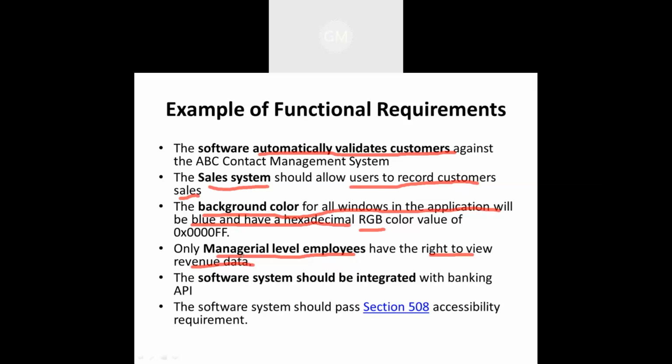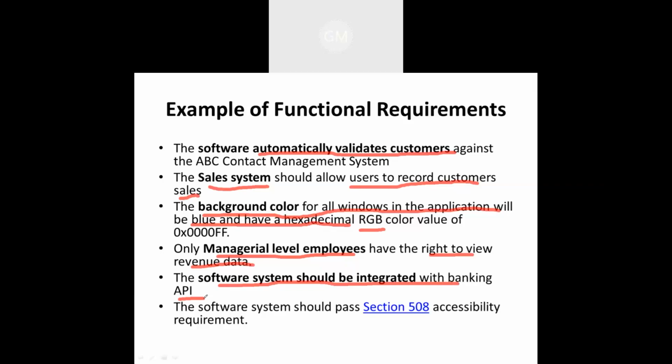Now, the next example is that the software system should be integrated with the banking API. For example, if you want to buy an online product from Amazon, they have integrated the banking API portal.